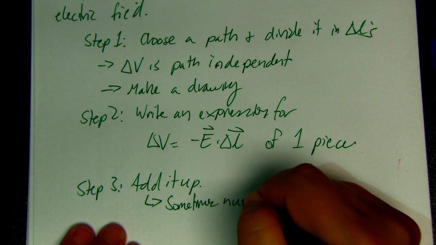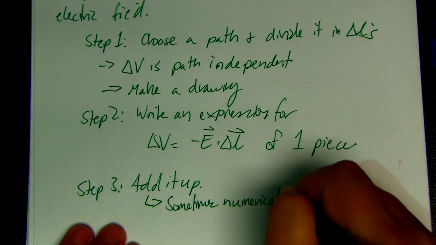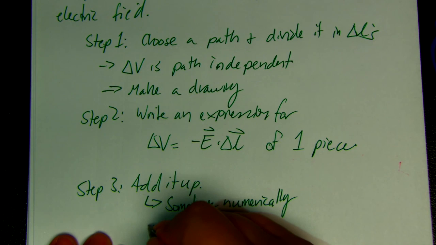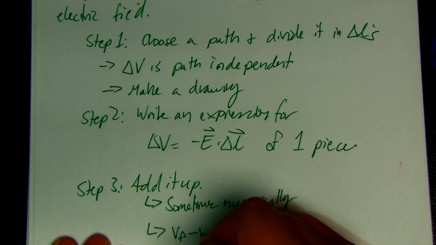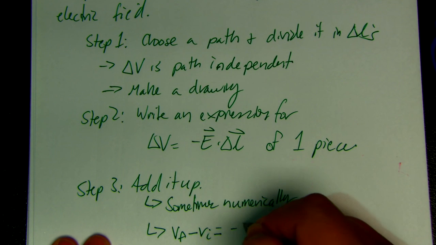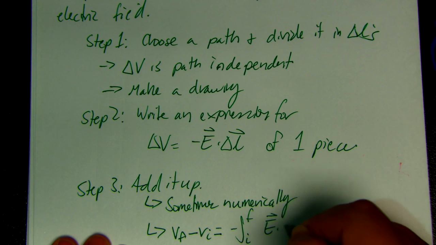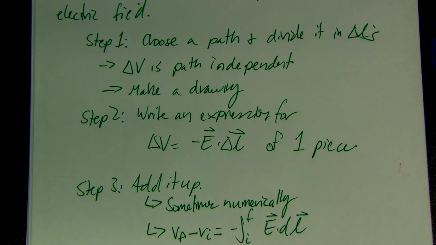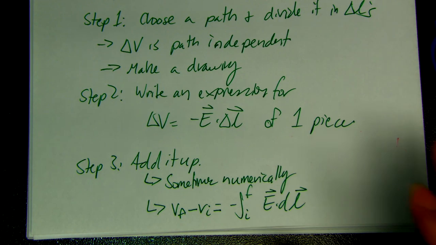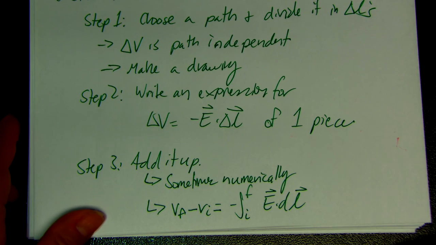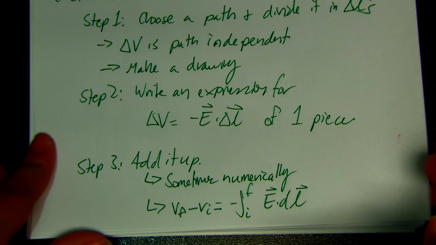We've just seen a few examples where we've just done it numerically. So sometimes you could do V final minus V initial is equal to minus the integral from I to F of E dot dl. So it just depends. Naturally, if you're in the general class, you shall not be doing any integration.